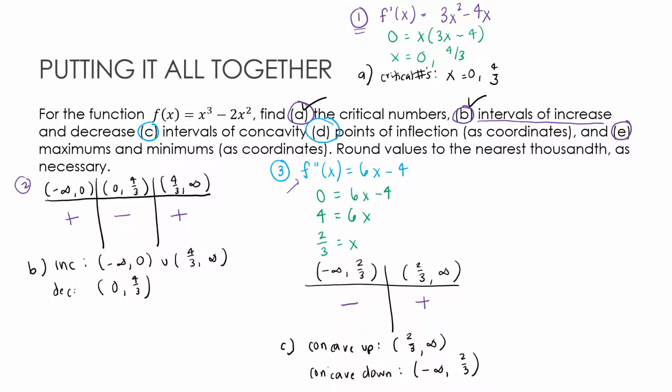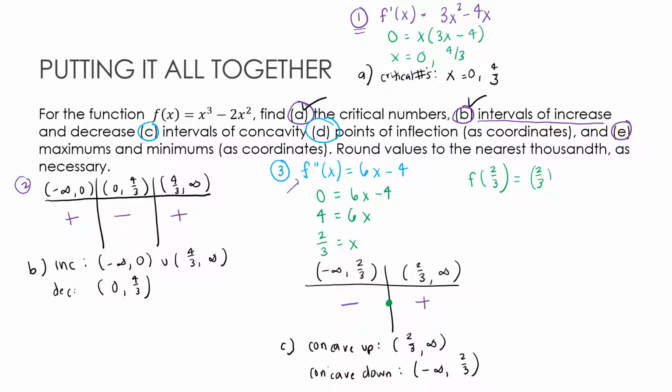Again, we didn't really do much of this in our previous examples, but let's look at D first. We know that if this goes from concave down to concave up, then this point in the middle, 2/3, is a point of inflection. Whenever it says find it as a coordinate, I'm just taking that value of x and plugging it back into the original equation.